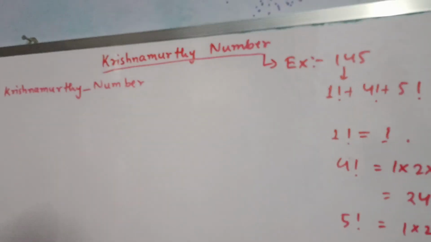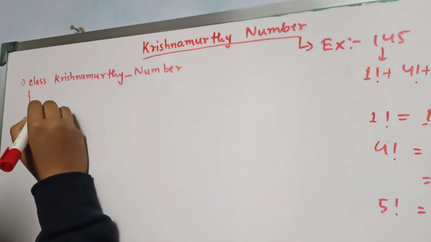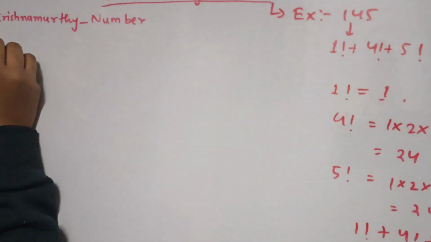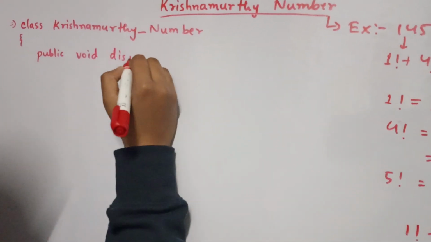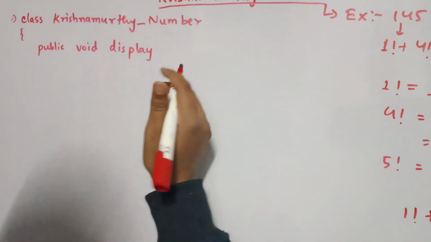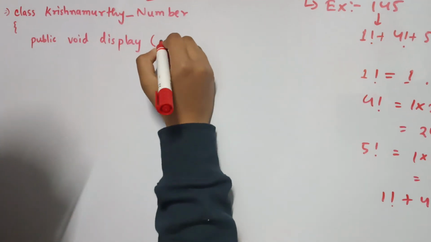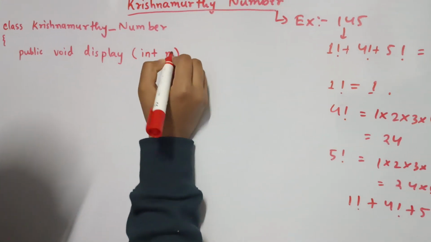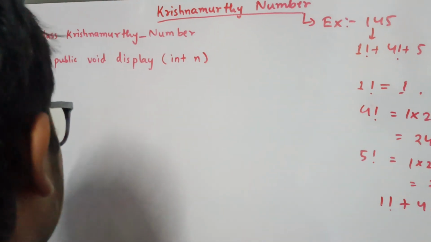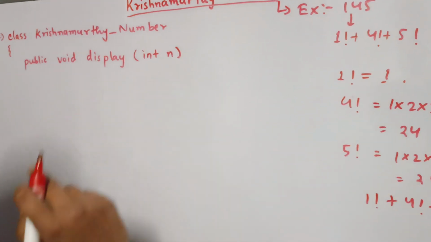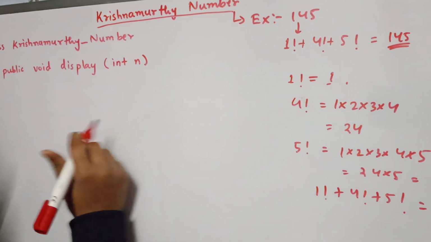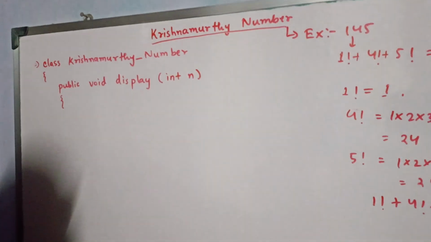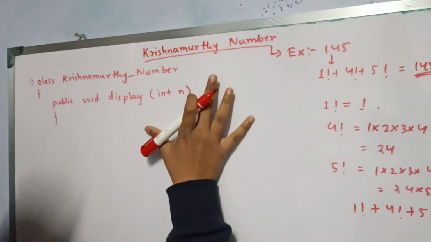Next we will declare a public method with void return type, means public void display, and then we will input a number int n, and whatever number we have inputted, we have to check whether it is a Krishnamurthy number or not. Okay, so this was our initialization and declaration process.